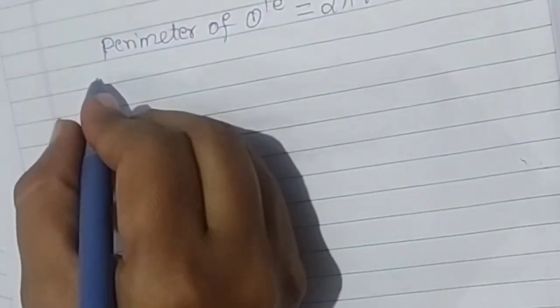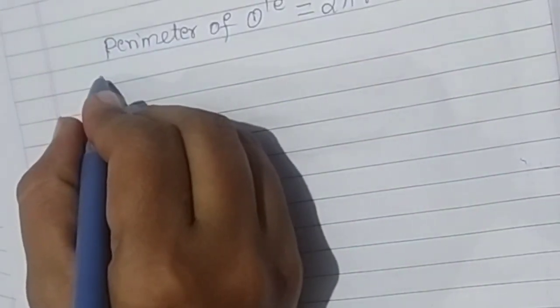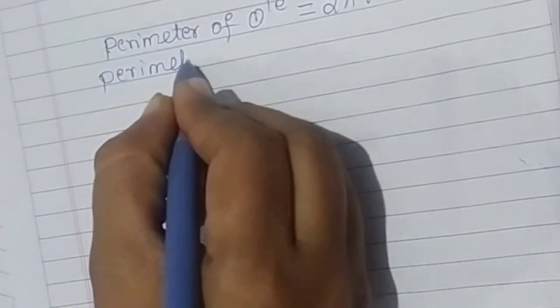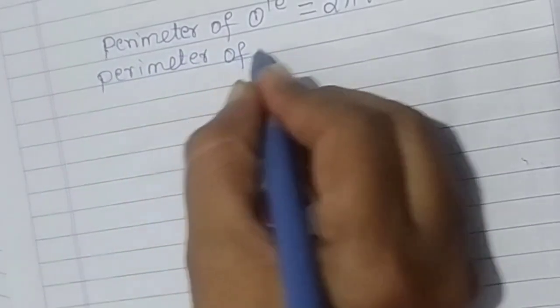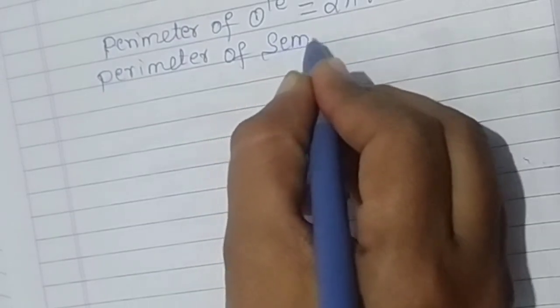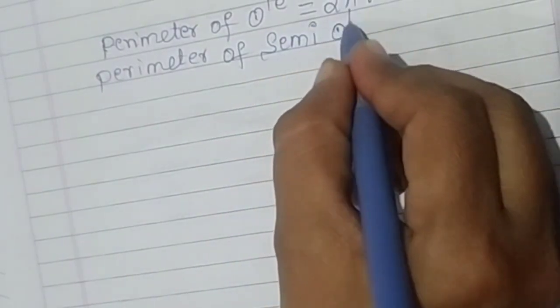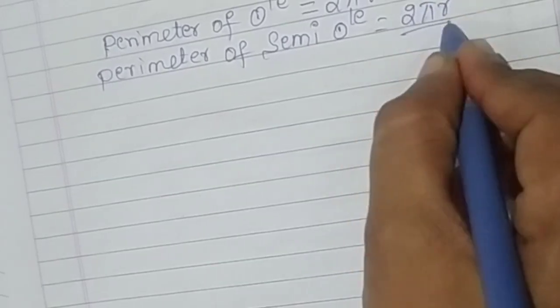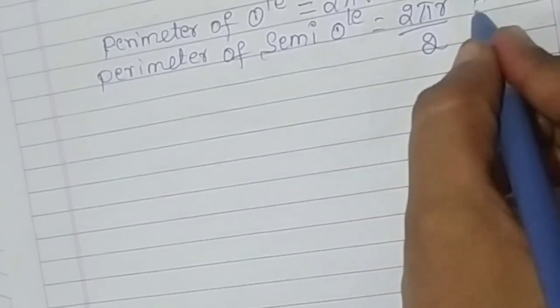Like that, for a semicircle we want the perimeter. Semicircle means half of that, so that is 2 pi r divided by 2, you will get pi r. So this is the perimeter of a semicircle.